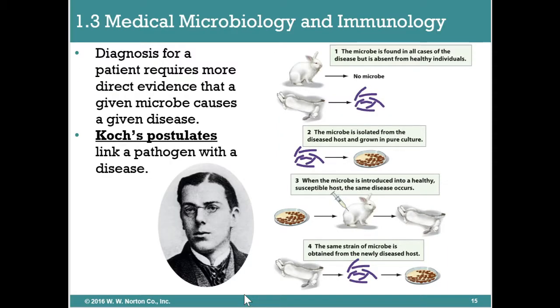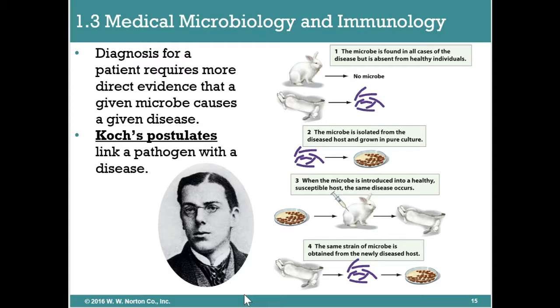With that linkage between disease and death, somebody named Koch came up with an idea of how to actually physically link a pathogen to a disease. He came up with something called Koch's postulates. There are four postulates.